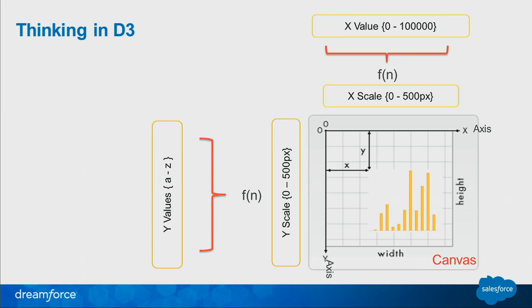That is a fundamental thing we are doing throughout D3 charting. So I have a y scale function which maps any y value, in this case a to z, to a pixel value on the y-axis, and I have an x function which takes the x value, which is 0 to a million, into an x coordinate point in the two-dimensional coordinate system.